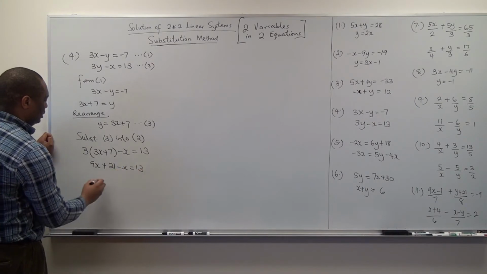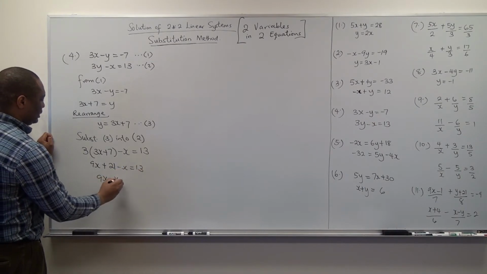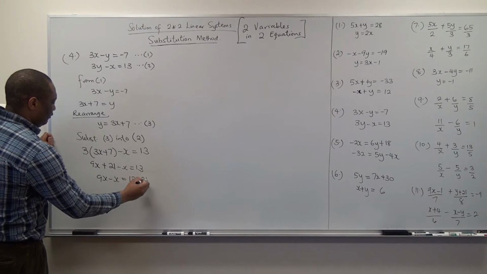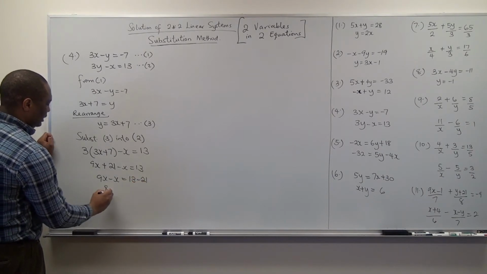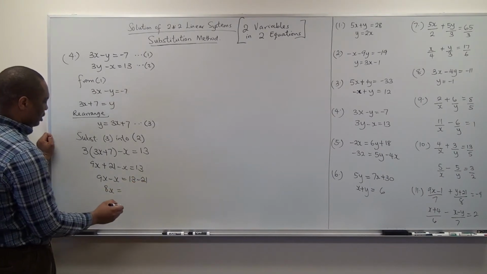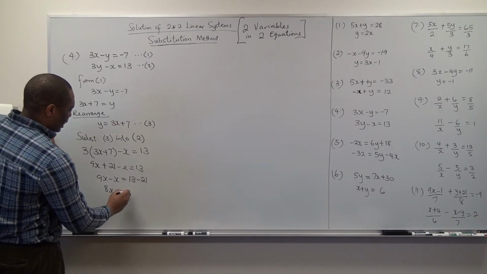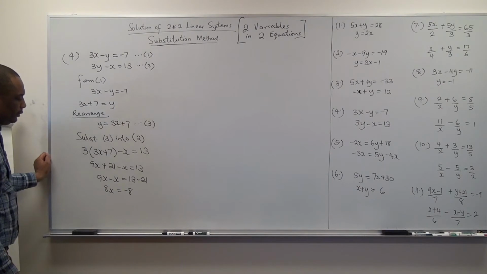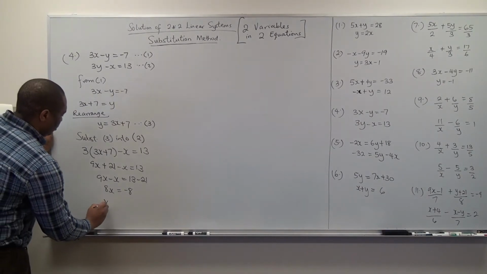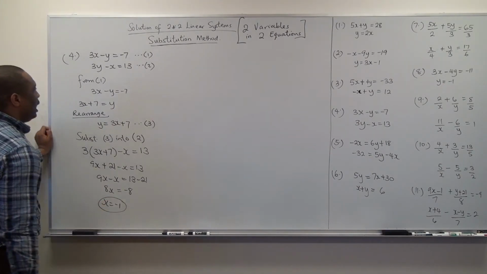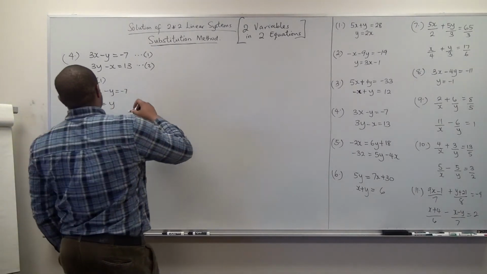So this is 9x minus x equal to 13 minus 21. If you collect like terms, this is 8x equal to 13 minus 21, which gives you negative 8. So x will be what? Negative 1.